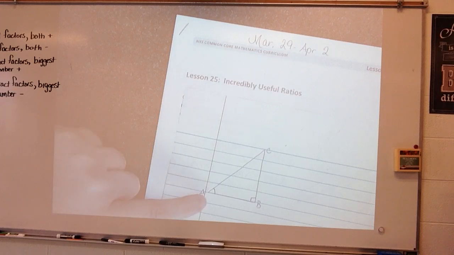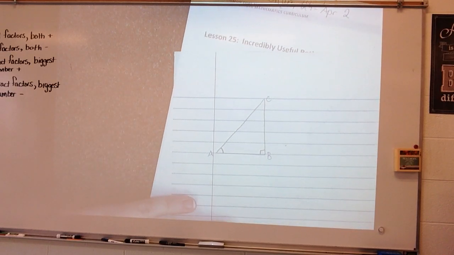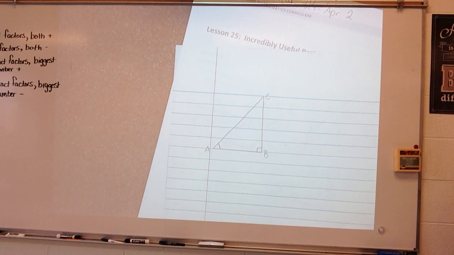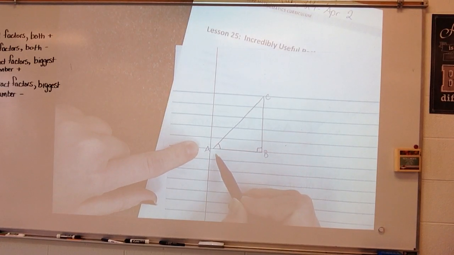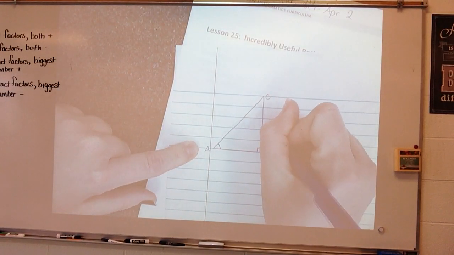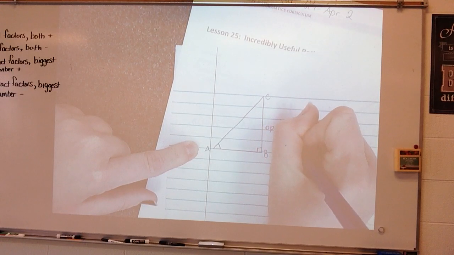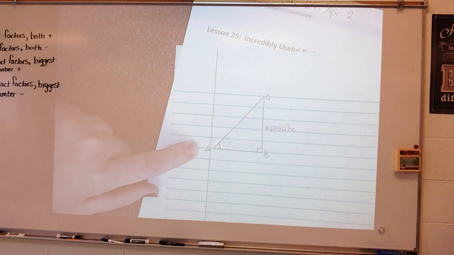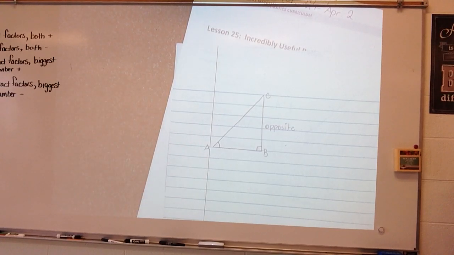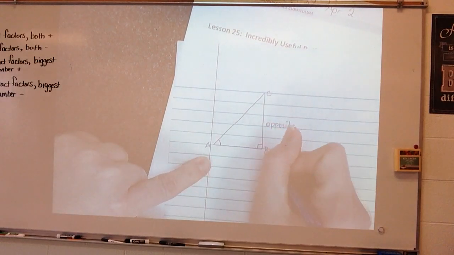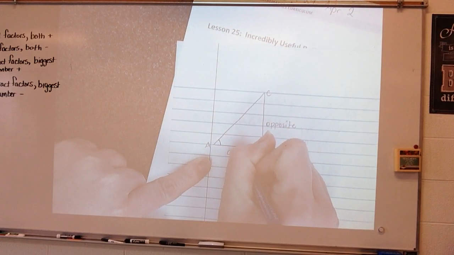All of this is with respect to angle A. The opposite side would be side BC. So we're going to call this the opposite side. Once again, this is all in reference to angle A. With respect to angle A, the adjacent side is going to be side AB.